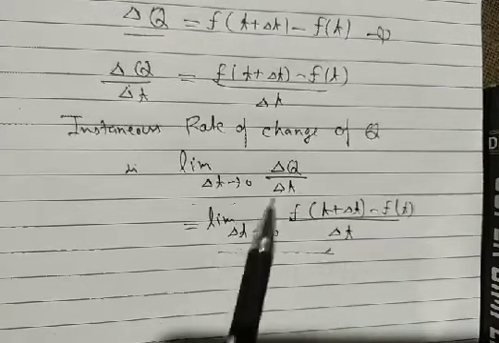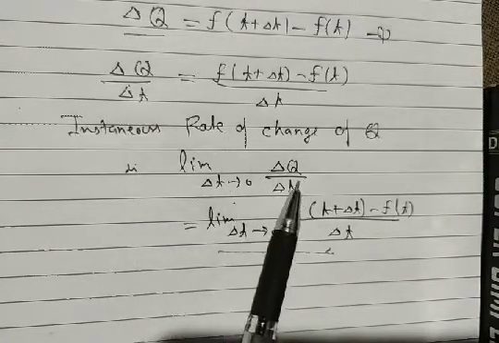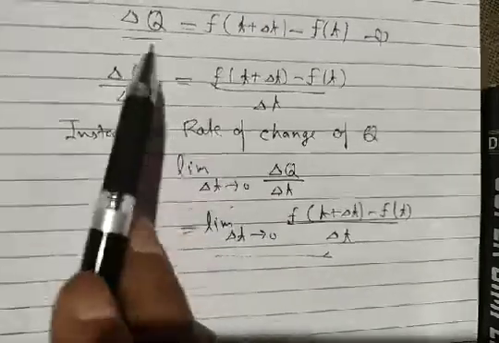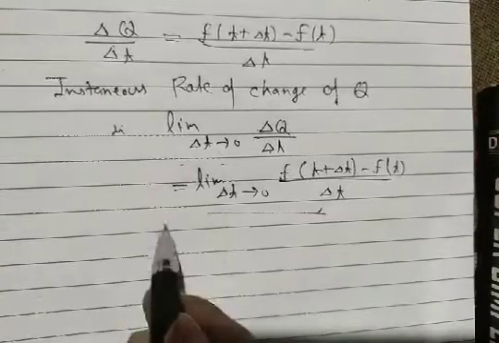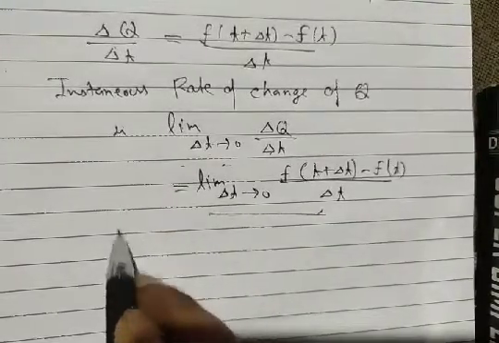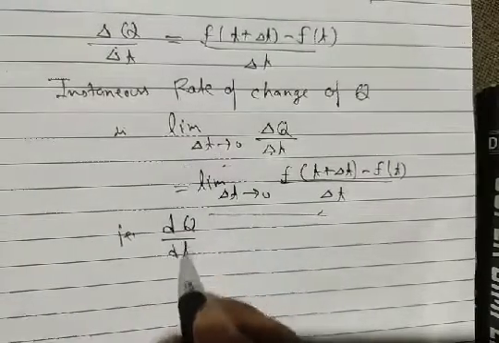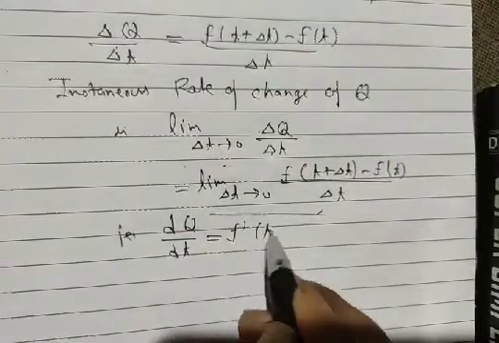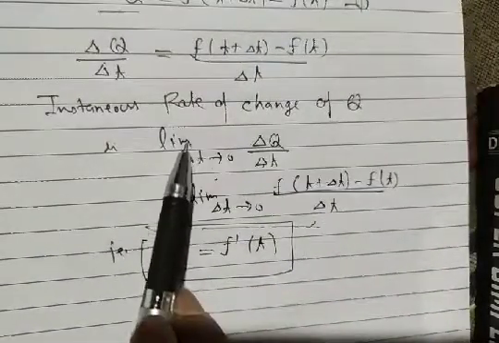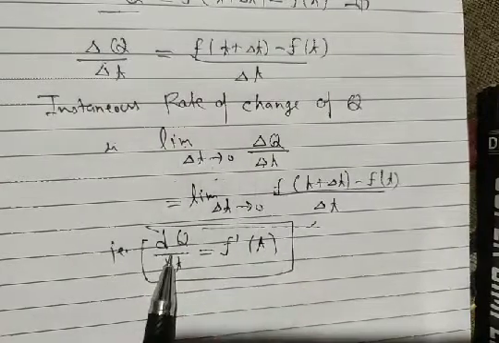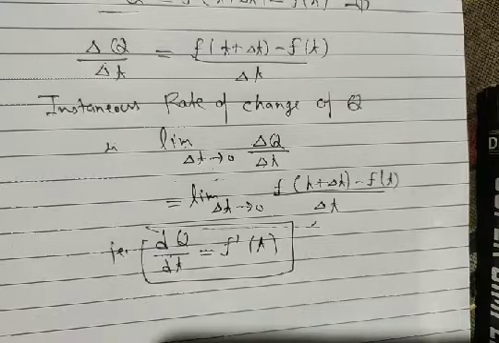So we see that the instantaneous rate of change of q, where q is a function of t, is the derivative, that is, dq/dt, which equals f dash t. When the limit as delta t tends to 0 is taken, it equals dq/dt, which is f dash t.